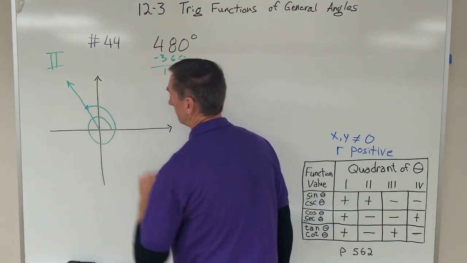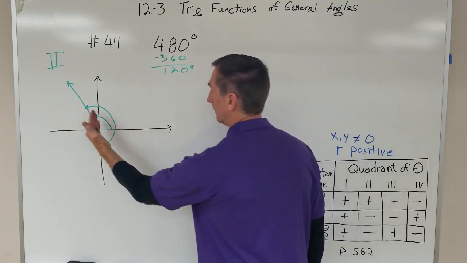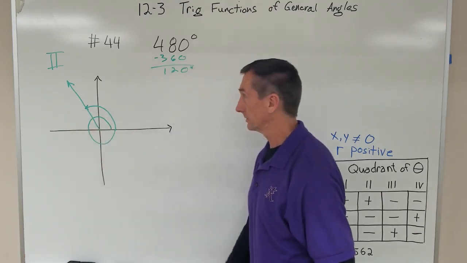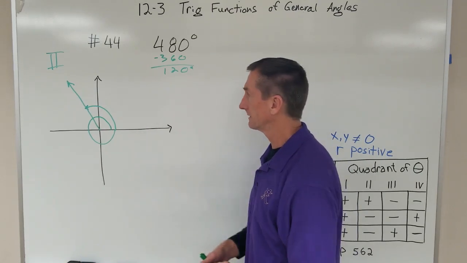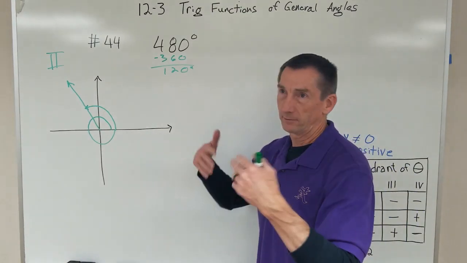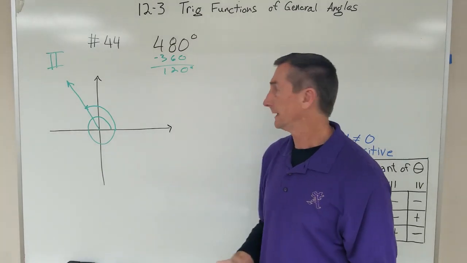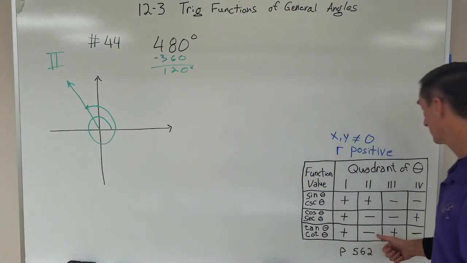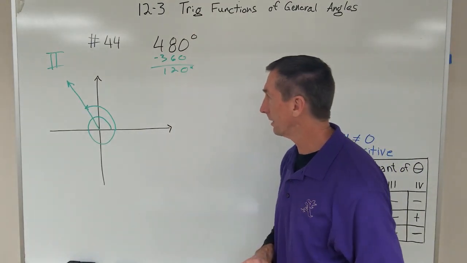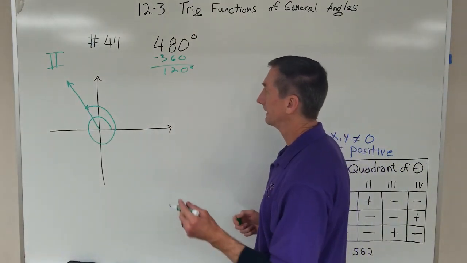Since I'm left of the y-axis, what's the x value? X is going to be negative. So cosine will be negative. And since the tangent is sine over cosine, I have a positive over a negative, so I know that it's going to be negative.